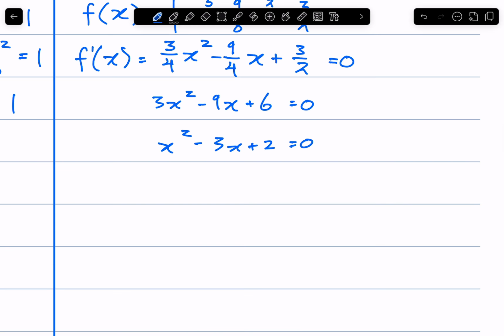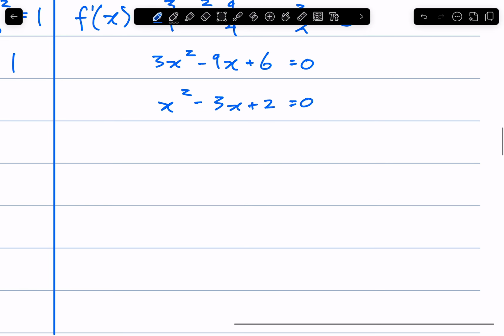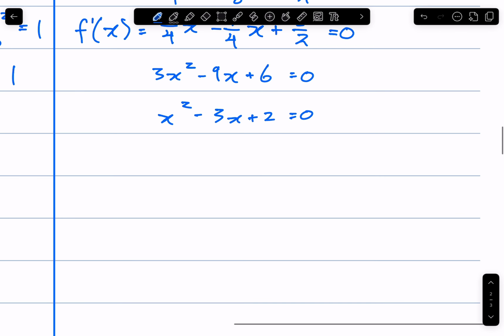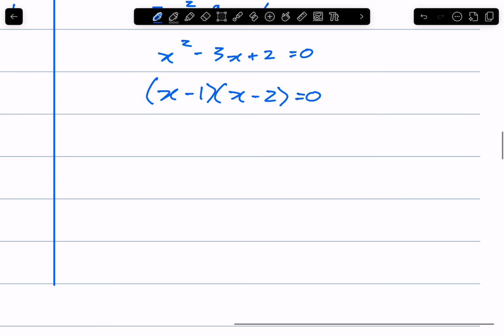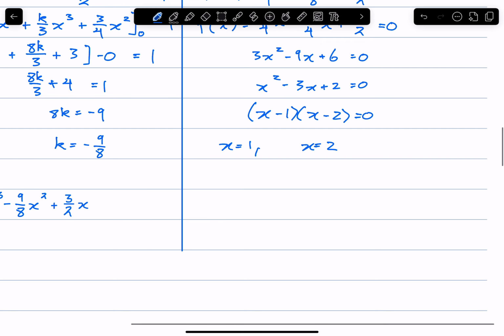And from here, I can see I have simple factorization at this point. I can see x minus 1, x minus 2 equals 0. And then from here I can see x equals 1 or x equals 2.